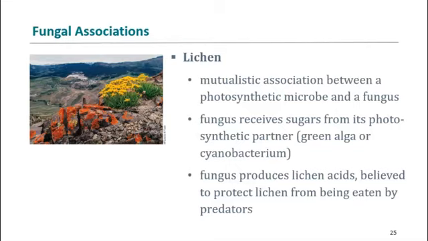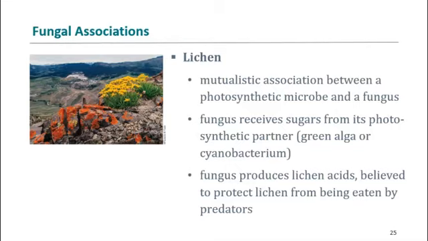In the case of a lichen, it's a fungus that is growing with either a green alga or a cyanobacterium. The fungus makes up the main body of what you see of the lichen, and the algal partner or cyanobacterial partner is usually very small or tiny.